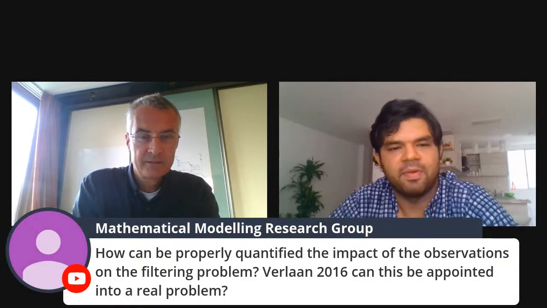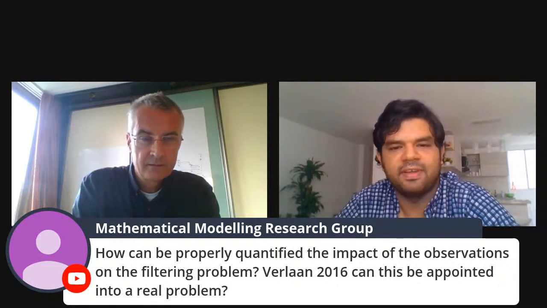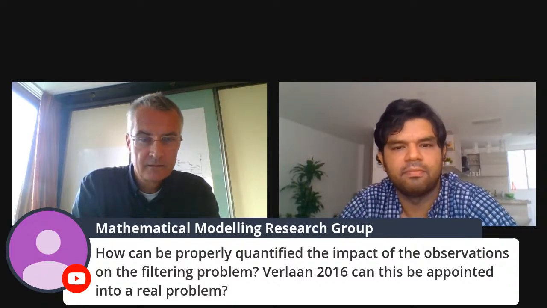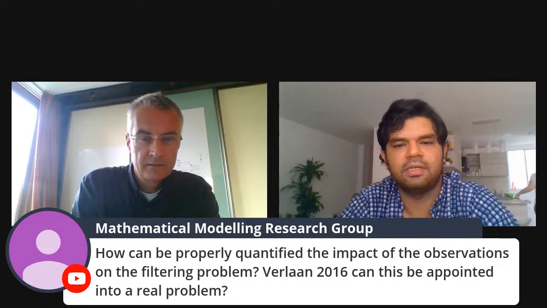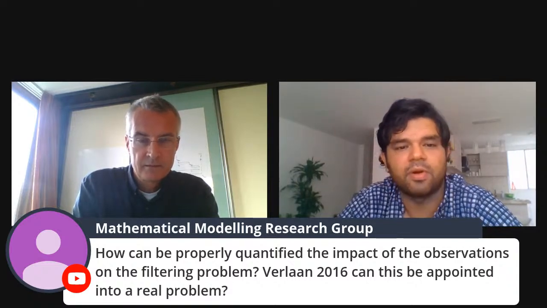So we have another question from the Mathematical Modeling Research Group. How can we properly quantify the impact of observations on the filtering problem? Verlaan 2016, can this be applied to a real problem?